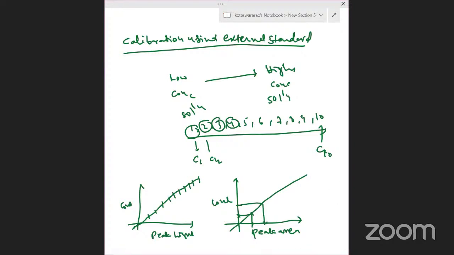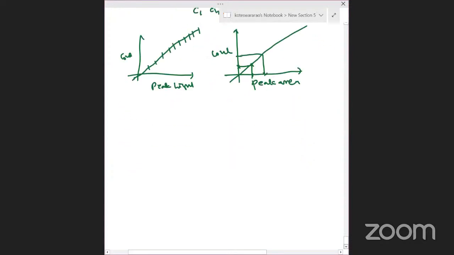Next, coming to the internal standard method. What is happening in this method?